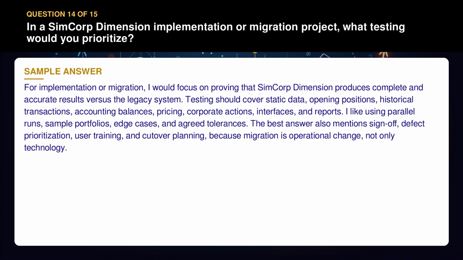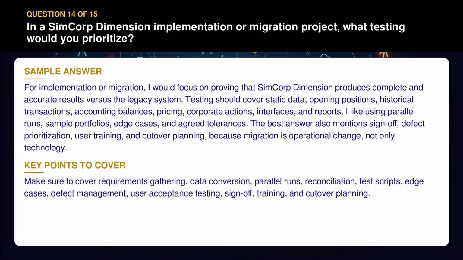I like using parallel runs, sample portfolios, edge cases, and agreed tolerances. The best answer also mentions sign-off, defect prioritization, user training, and cutover planning, because migration is operational change, not only technology. Make sure to cover requirements gathering, data conversion, parallel runs, reconciliation, test scripts, edge cases, defect management, user acceptance testing, sign-off, training, and cutover planning.